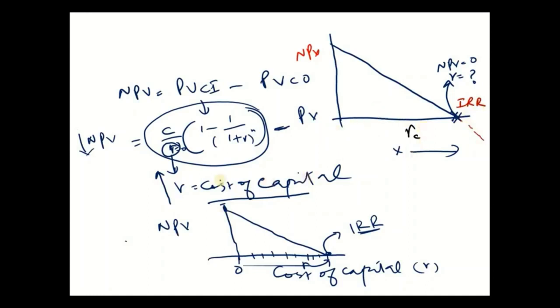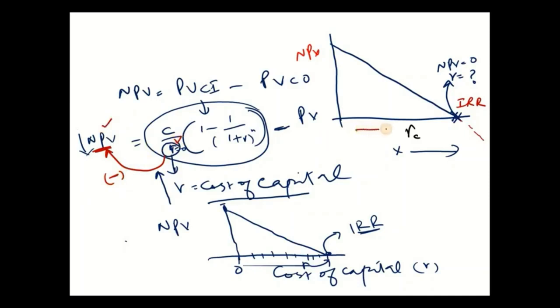Now you understand, there is an inverse relationship between NPV and cost of capital. If in the market your financing cost is very high, up to the point where your NPV is 0, that rate is called IRR. So first of all, there is an inverse relationship between NPV and cost of capital.